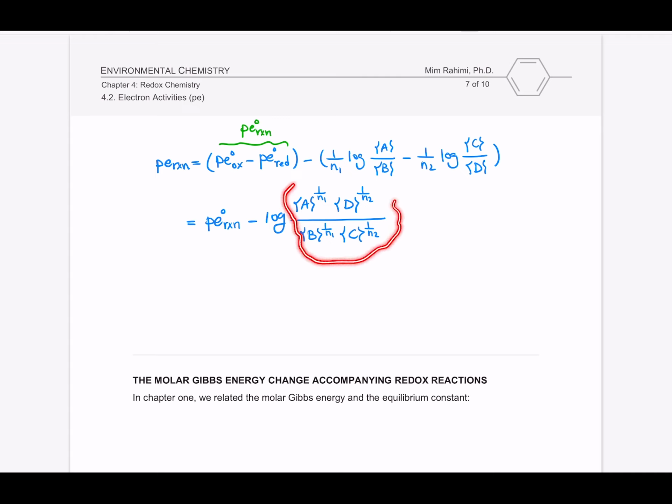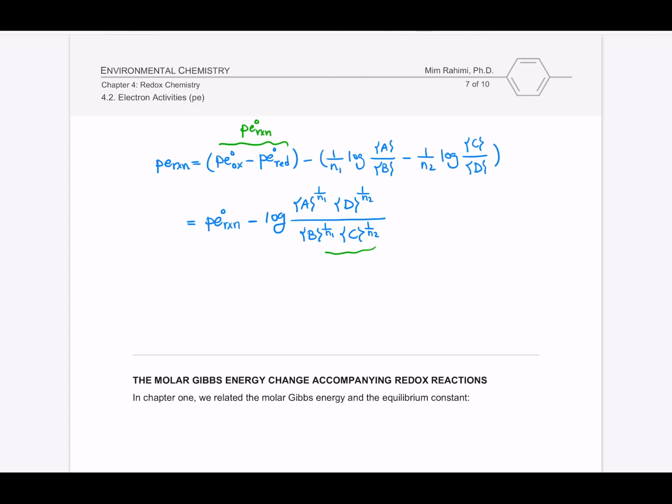Is this familiar? It's somehow similar to K, but this is not standard condition, so this would be somehow similar to Q. Is it Q or is it something else based on the reaction we had in the previous page? It's 1 over Q, exactly. So it's the inverse of the Q factor.